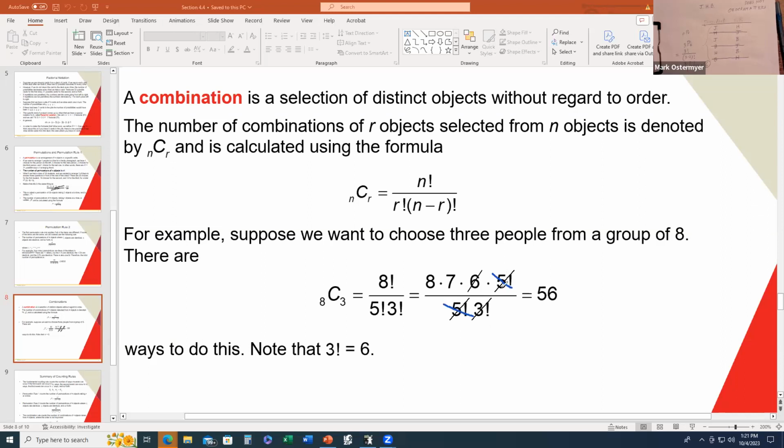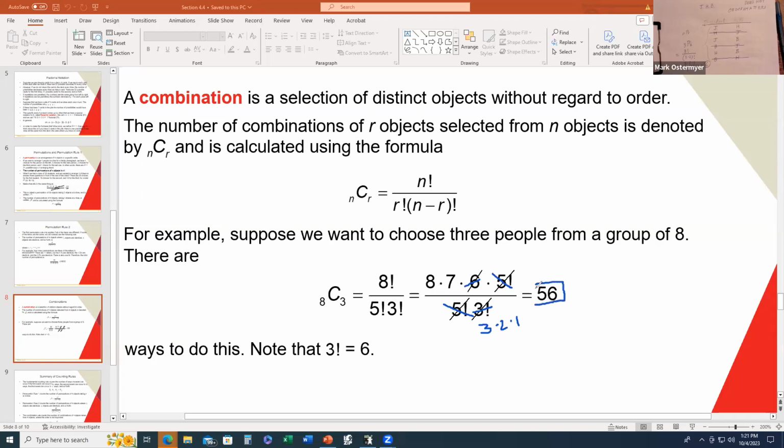That's why they stopped it there. What's 3 factorial? 3 times 2 times 1, which is 6. So 3 factorial cancels out with the 6. The total number of ways of selecting 3 people from 8 people where order does not matter is 56 different ways.